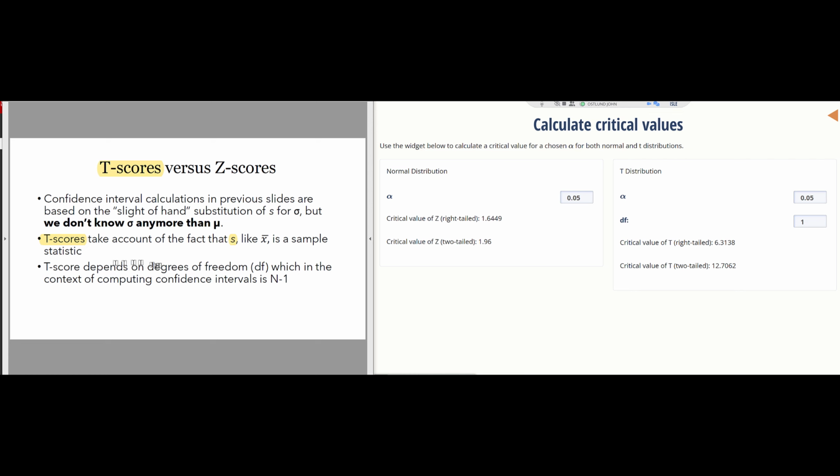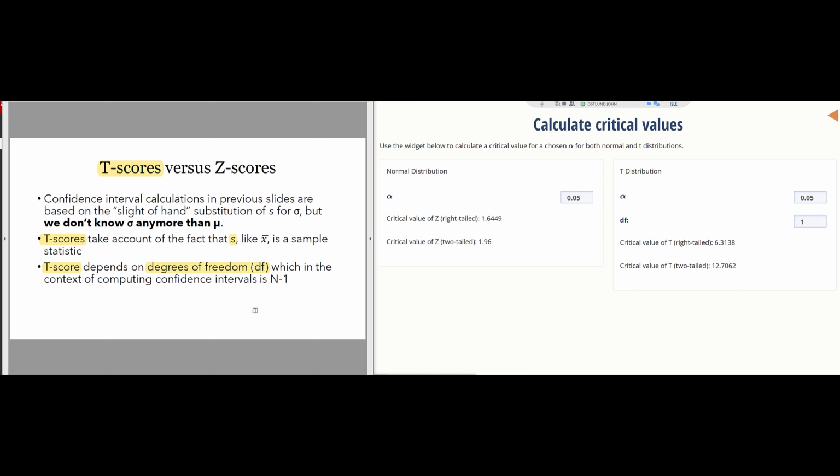So the t-score depends on something called the degrees of freedom in the context of doing these computations. Basically the number of degrees of freedom is a measure of how much data you have minus the number of statistics that you've already created or calculated from the data. In order to get the t-score, we have to have already computed our estimate of the sample mean.